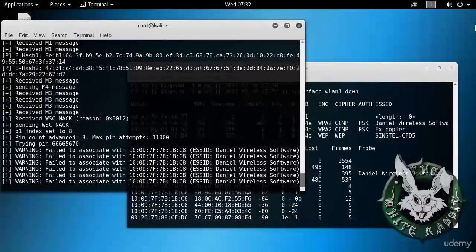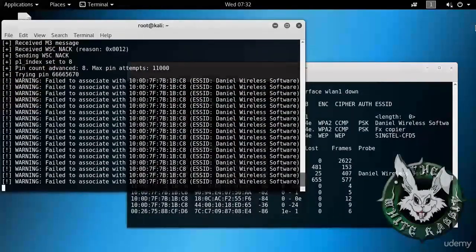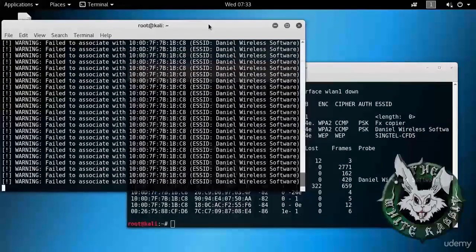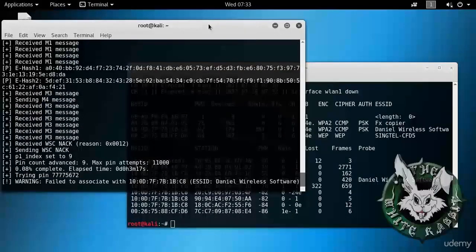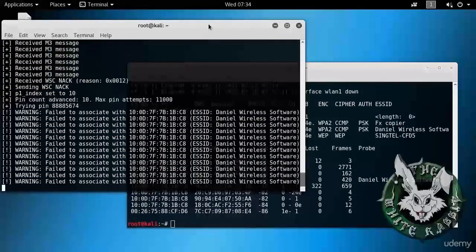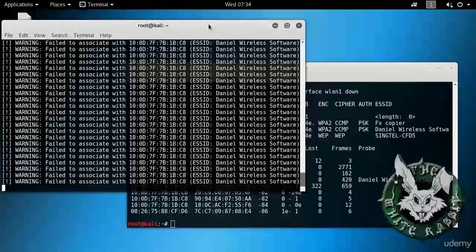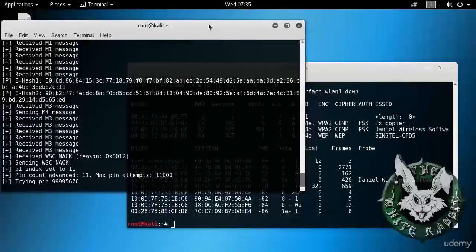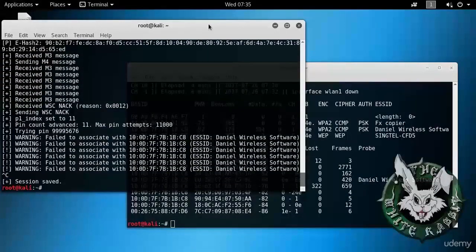So this is caused by the signal strength of the access point not being strong enough. And what can we do about that? We have one more trick up our sleeve, because if we don't do something about it, it's just going to be too slow. In this portion of the reaver action, we only get to try 11 pins, and it will take a long time to get to 11,000. So what do we do? We can improve the signal strength by using a stronger directional antenna.